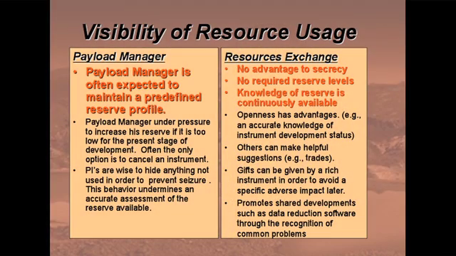Visibility of resource usage. The payload manager is often expected to maintain a predefined reserve profile. At certain stages of the project, if he doesn't have that, then he's under pressure to increase his reserve if it's too low for that stage of the project.